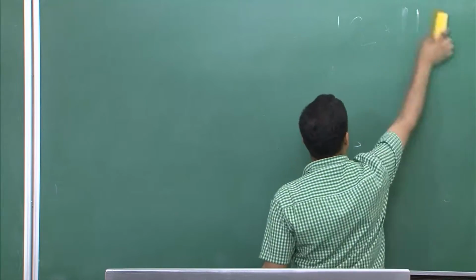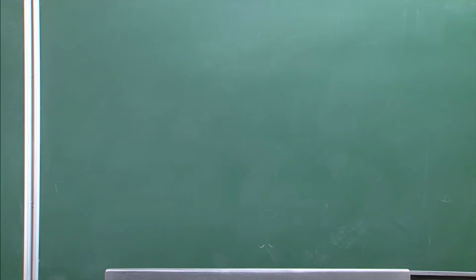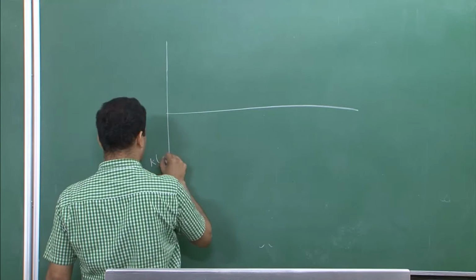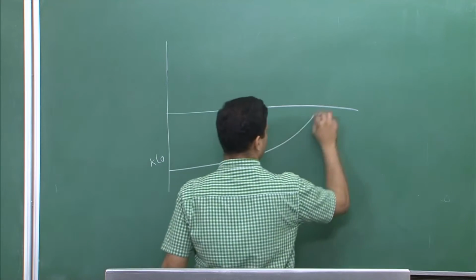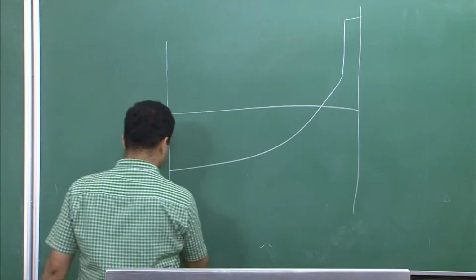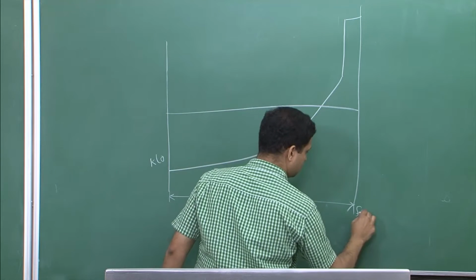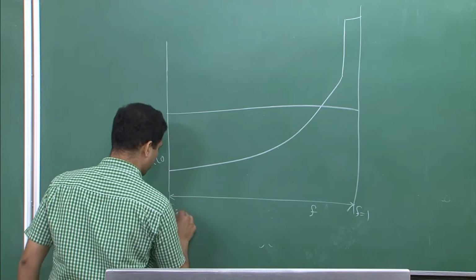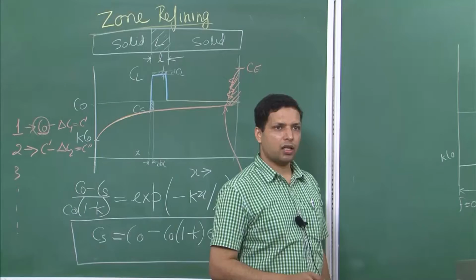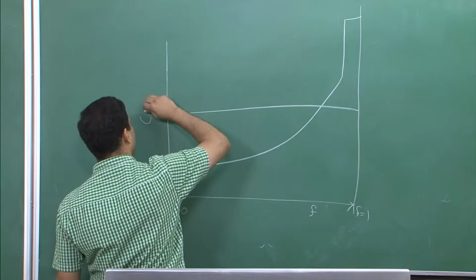When you are growing a single crystal of limited length, then we know that for only diffusion, when only diffusion is taking place in the liquid, this is how the concentration profile looks like for the solid.